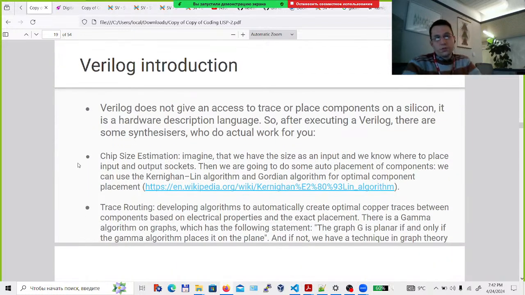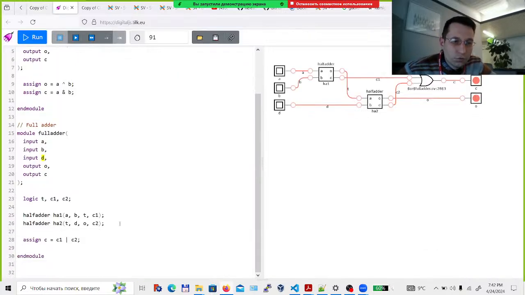Verilog does not give you access to trace or place components on silicon. It is a hardware description language. So after execution of Verilog, there are synthesizers that do the actual work for you. For example, if you write a description for this statement, the synthesizer goes on and creates this picture for you.